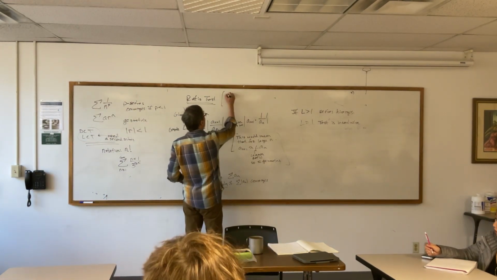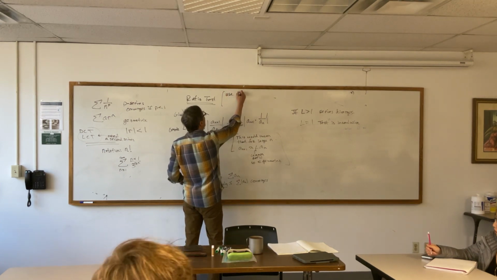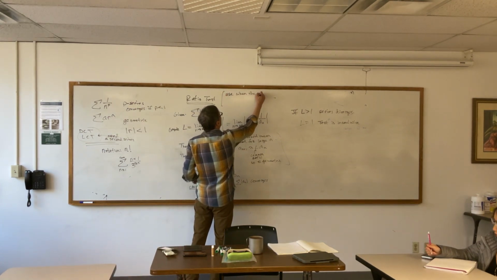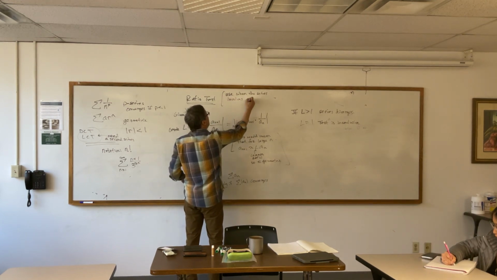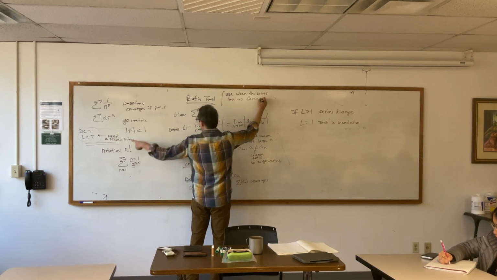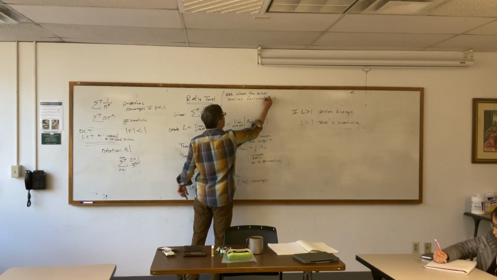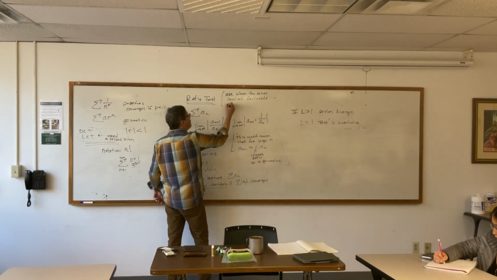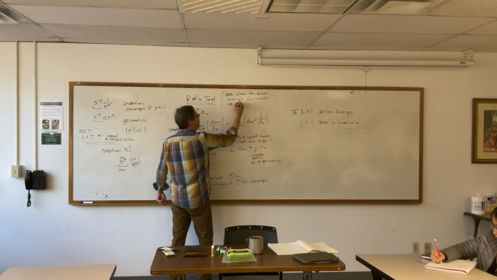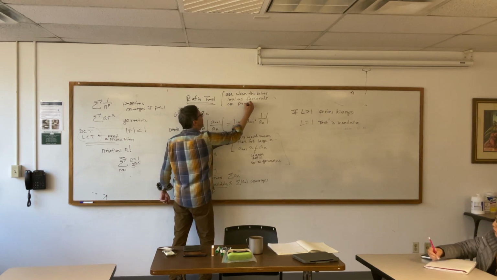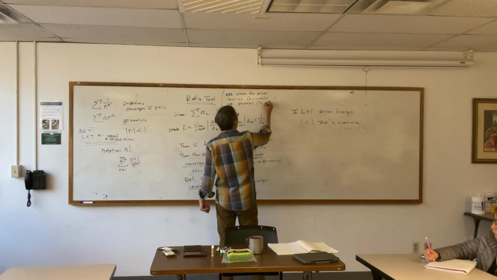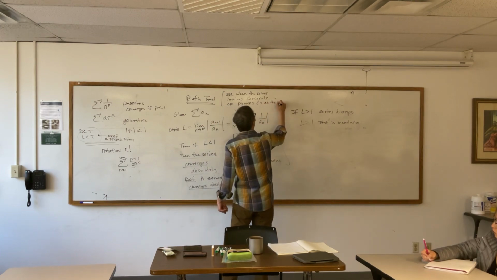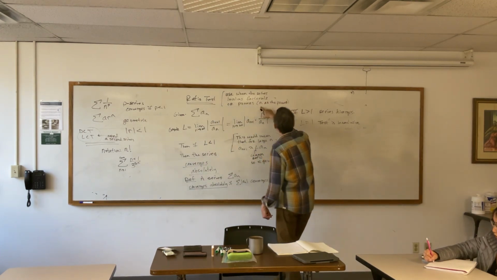So I'm going to make a little tip here to use when the series involves factorials, the n factorial, and sometimes we're going to see weirder ones today, or powers, with n as the power, or the index as the power.